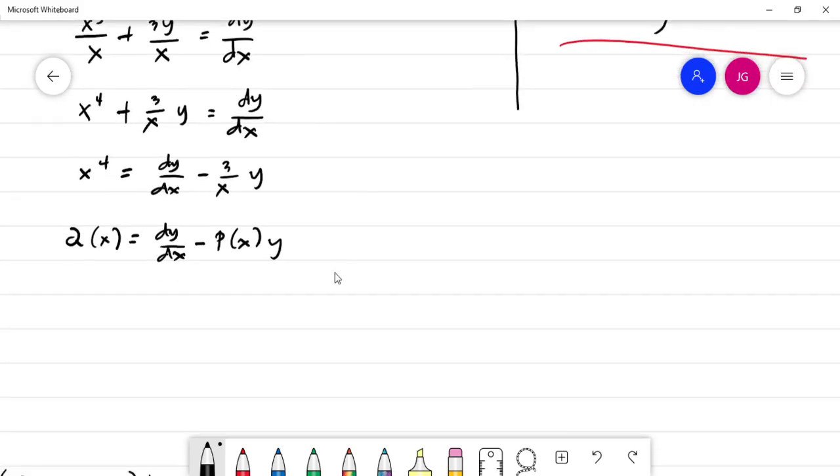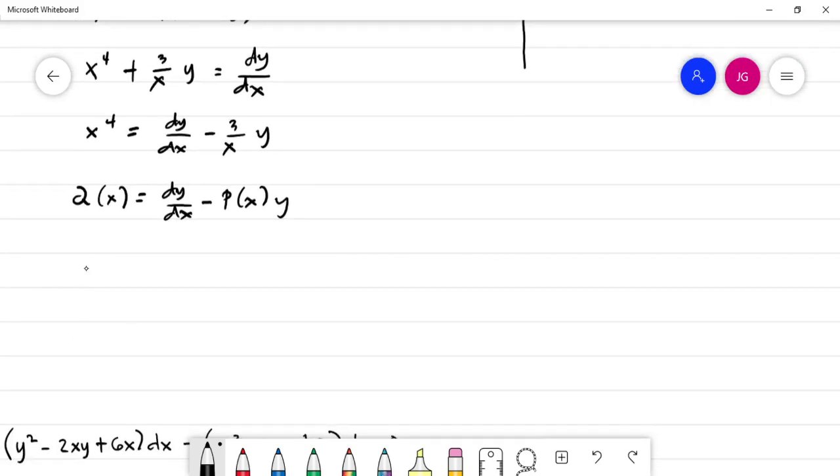So in terms of this guys, q of x is equal to x raised to 4, and p of x is equal to negative 3 over x.